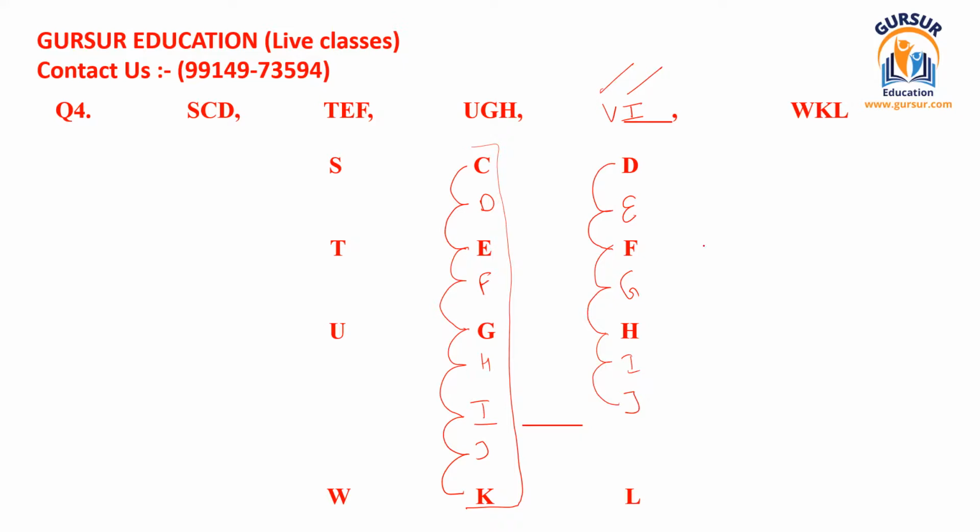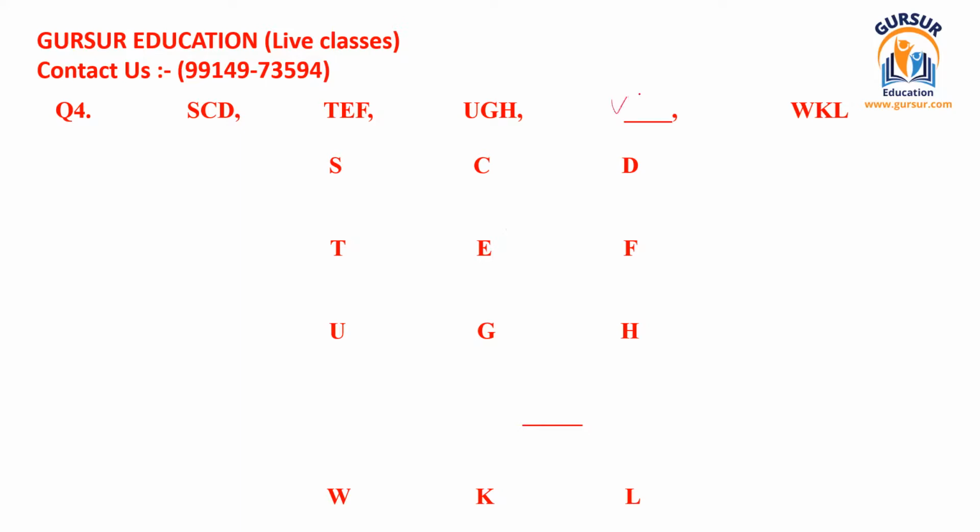So J should be the third element of our answer. After J, K comes, and after K, L comes. So in this way, you have to make the relationship. So VIJ should be the answer of our fourth question.